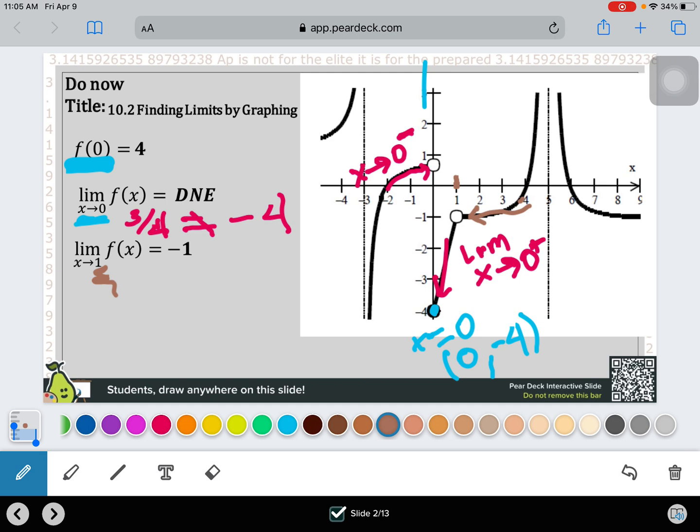On this side, it goes to this -1, this point right here. And coming from the left, it also goes to -1. So we see that the limit is -1 right here. Super cool. So that is how we came about those answers.